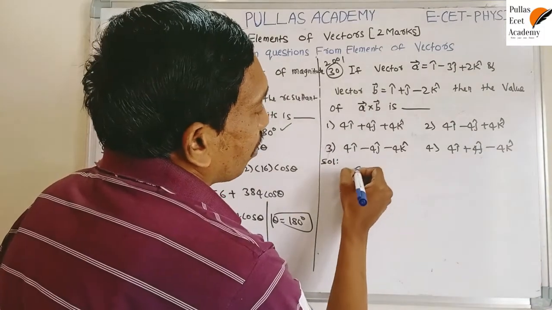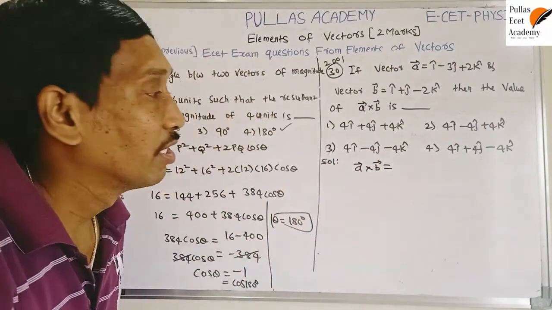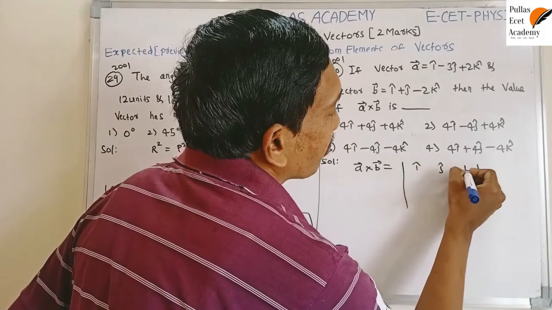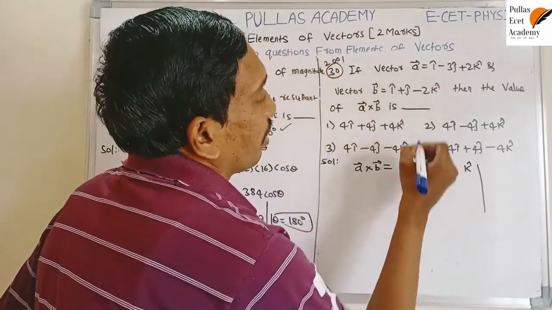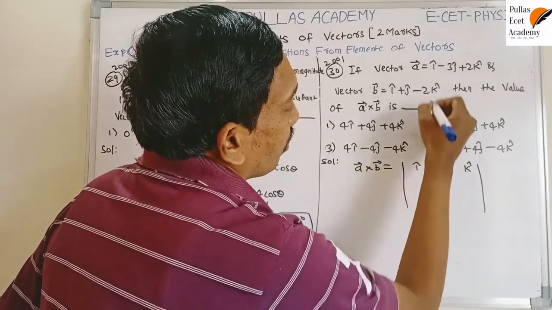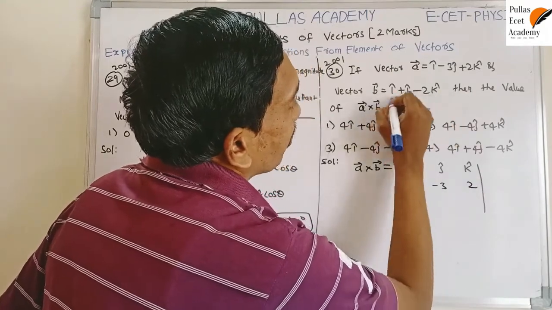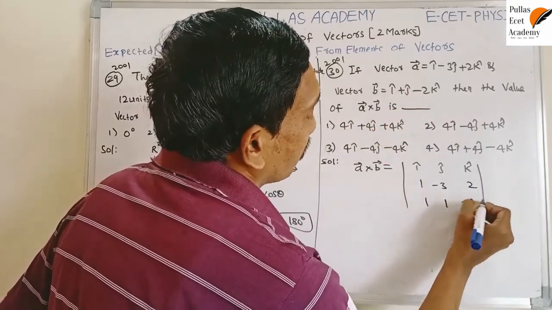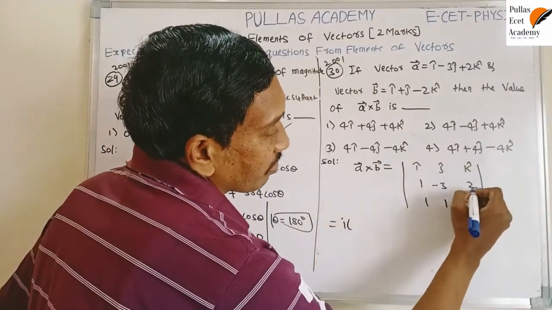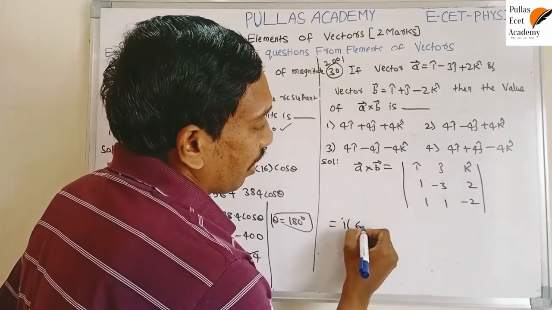Here also, the same principle: a bar cross b bar is equal to, using the matrix determinant method. In this method, first take the i j k unit vectors in the first column, next the x y z components in the second column, that is 1, minus 3, plus 2, and next the x y z components 1, 1, minus 2. Again the procedure: if you want the x component, take the determinant of these four letters, ad minus bc. ad is minus 3 into minus 2, which is plus 6, minus 2.